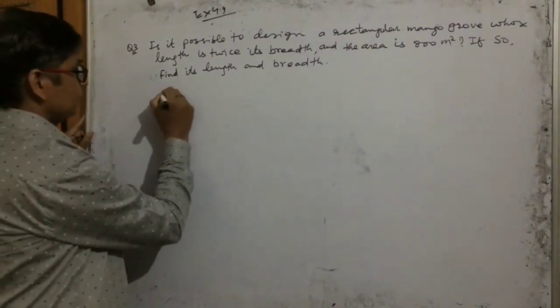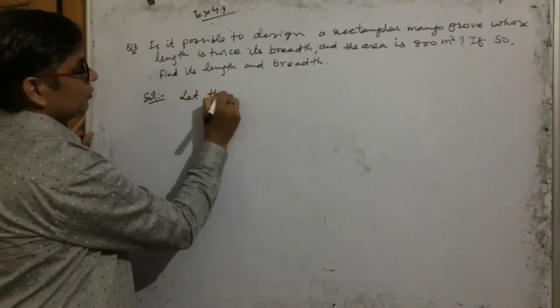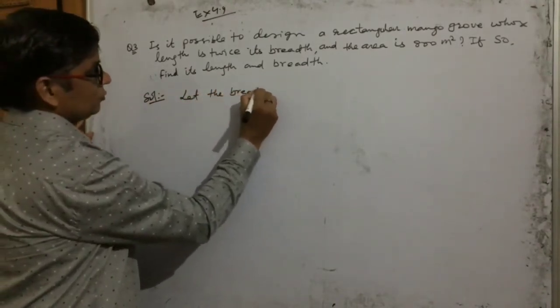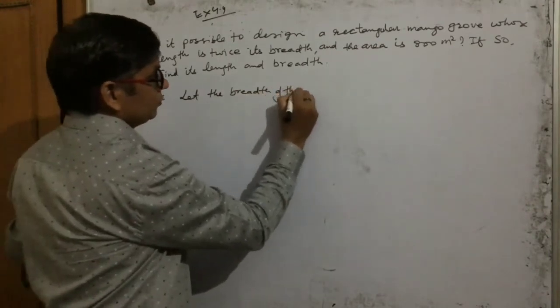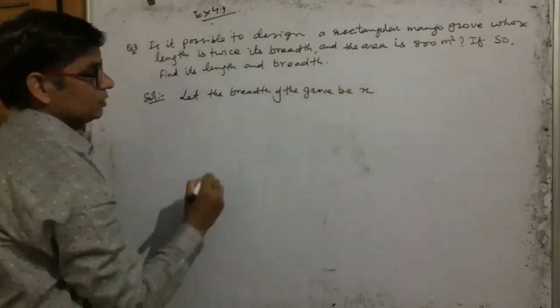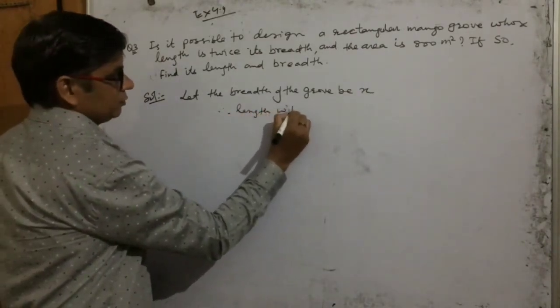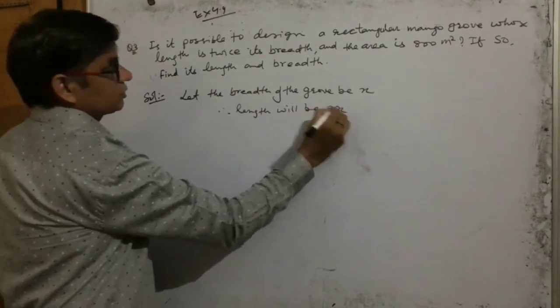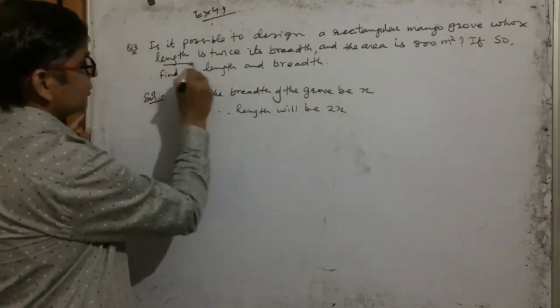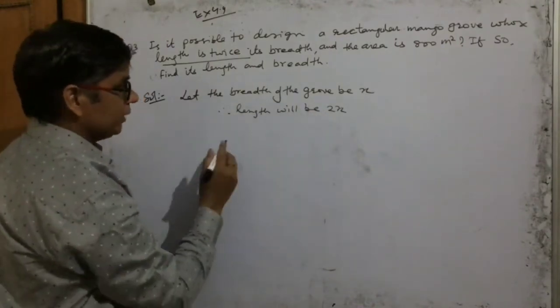First of all, let the breadth of the grove be x. Therefore length will be 2x, because length is twice its breadth.